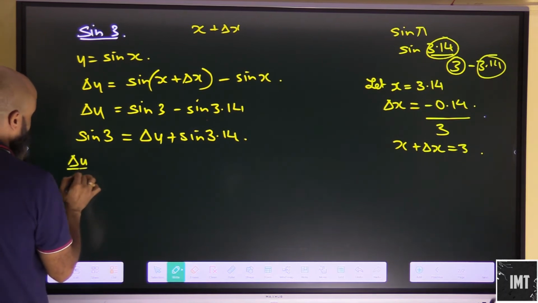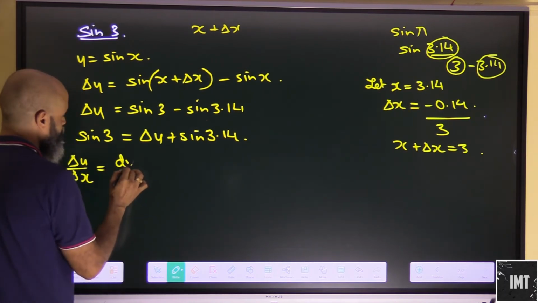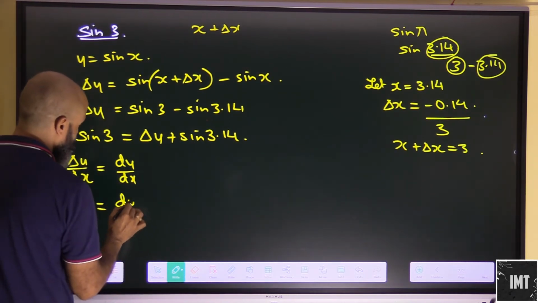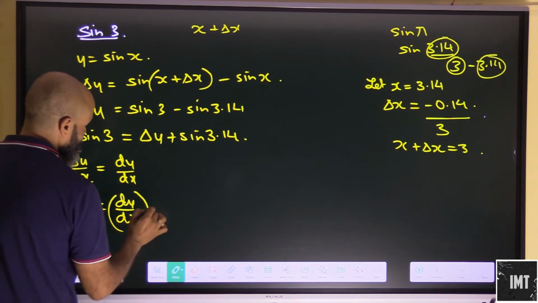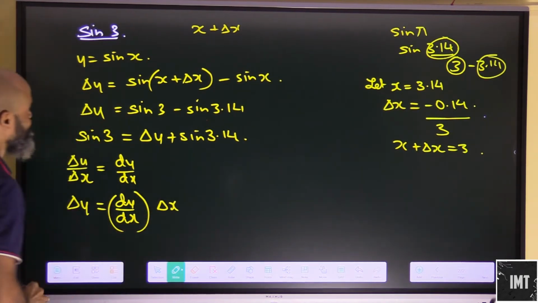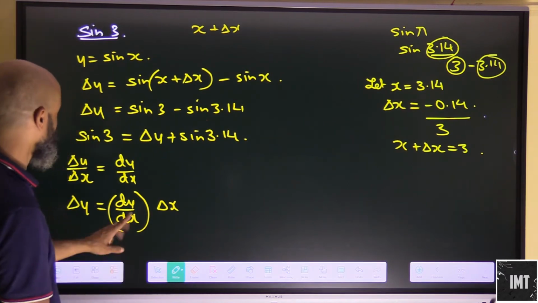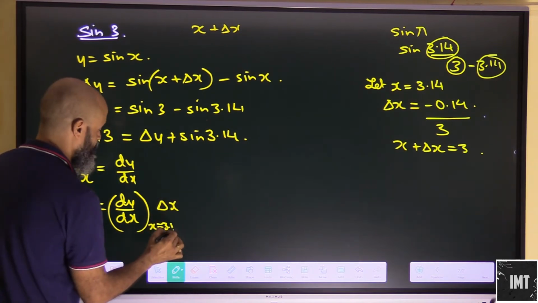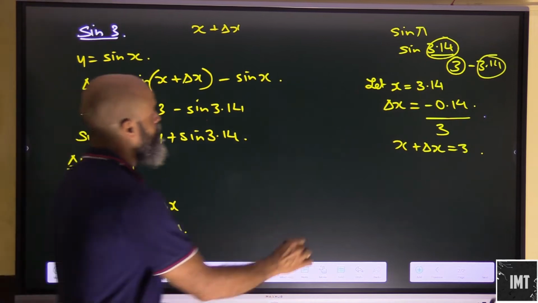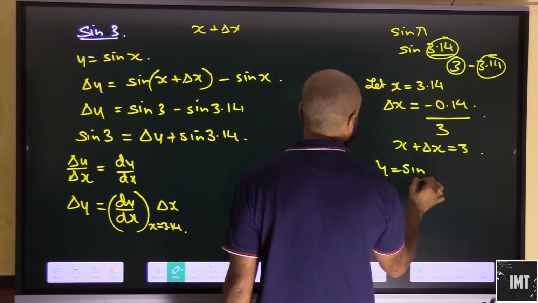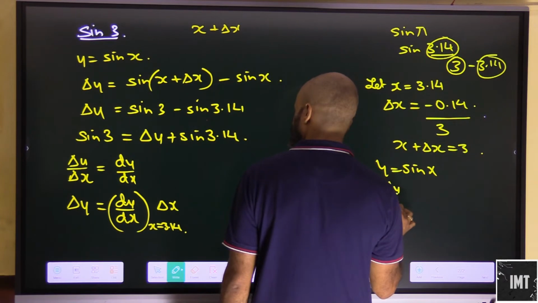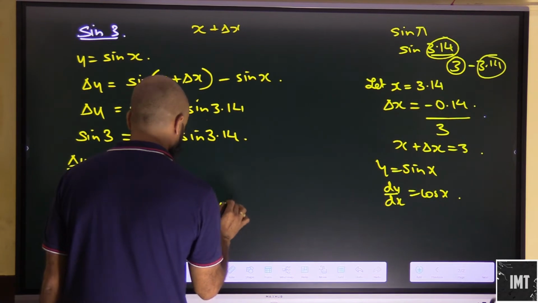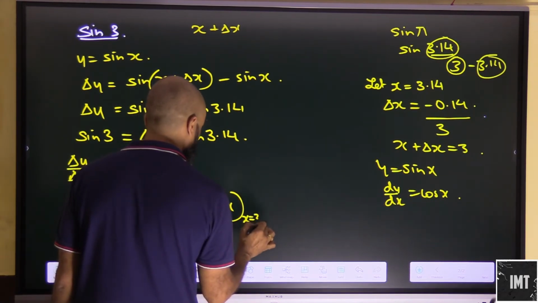Now we know that delta y by delta x is equal to dy by dx, or delta y is equal to dy by dx into delta x, at x is equal to 3.14. Now we know that y is equal to sine of x, so dy by dx will be cos of x, at x is equal to 3.14.